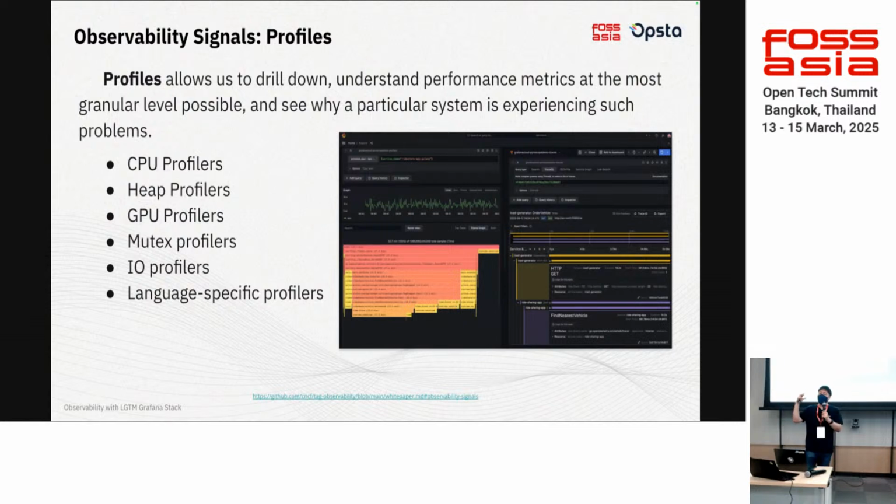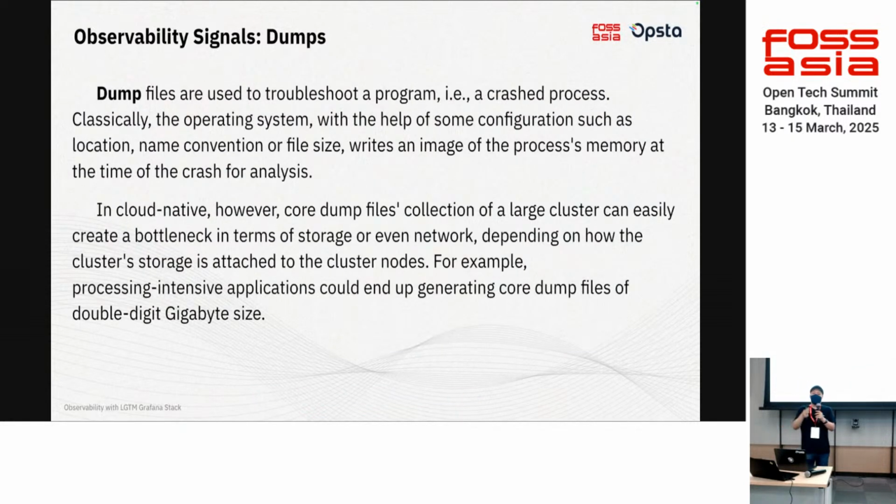And furthermore, we talk about the three pillars, but there are more signals that may be combined into the pillars later. The other one is profiling. Profiling looks deeper at how you consume resources on each request, so there will be a lot of data. Also, there is the dump.